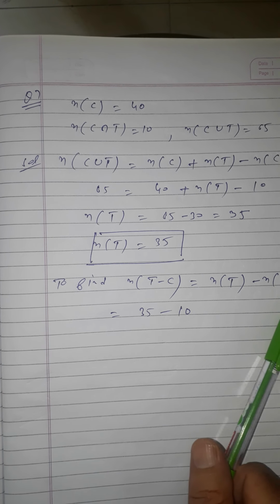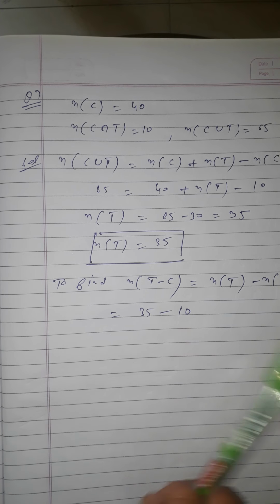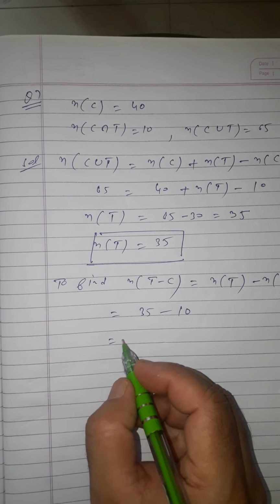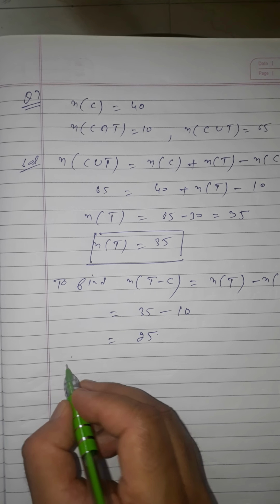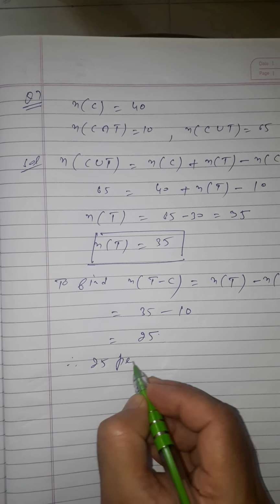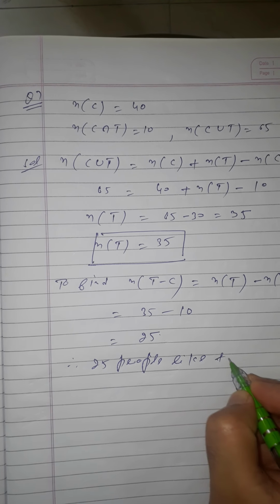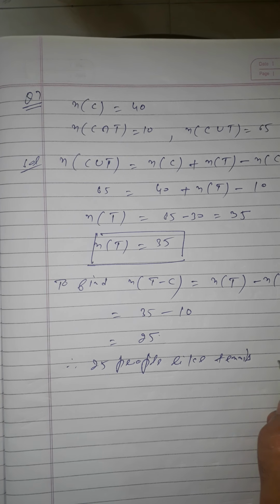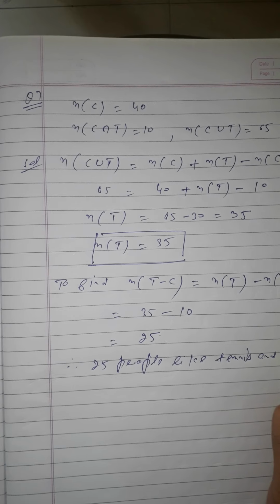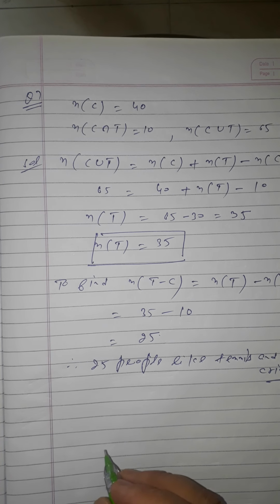Because in the intersection both tennis and cricket are there, but we want only tennis. So it will come as equal to 35 minus 10, that is equal to 25. Therefore 25 people like tennis and not cricket. So this is the answer of question number 7, students.